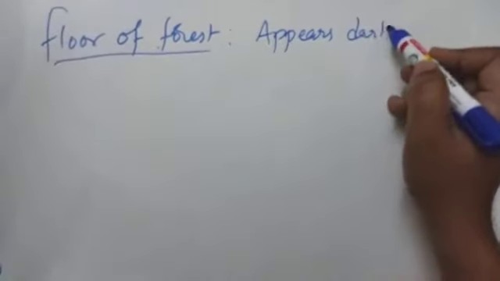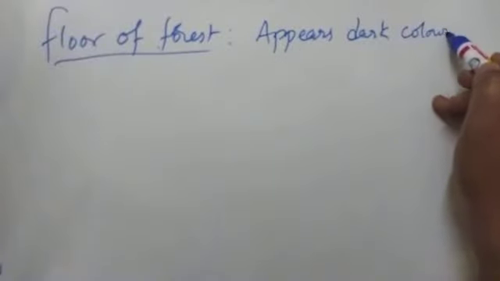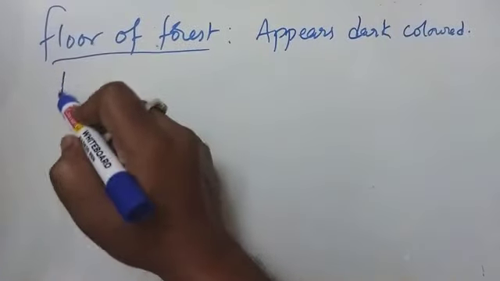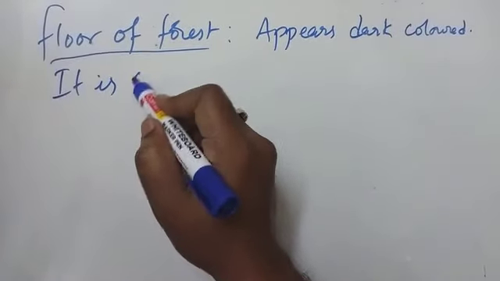It appears dark colored and it is covered with a layer of dead and decaying leaves, fruits, seeds, twigs and small herbs.